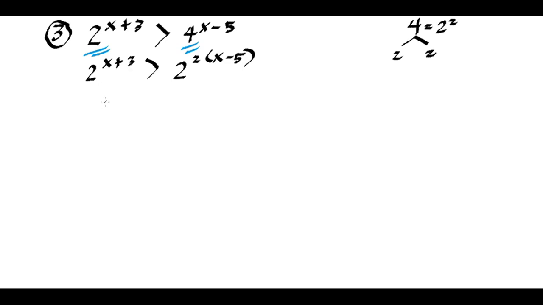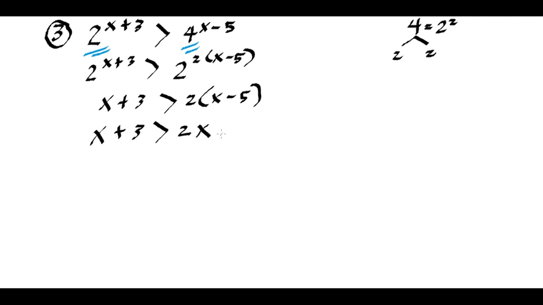Okay, so ngayon magkamukha na yung base natin. So, kukunin na ngayon natin yung exponents to solve for the exponential inequality. So, we have x plus 3 is greater than 2 times quantity x minus 5. So, let's do this first, distributive multiplication. So, we have 2 times x, we have 2x.